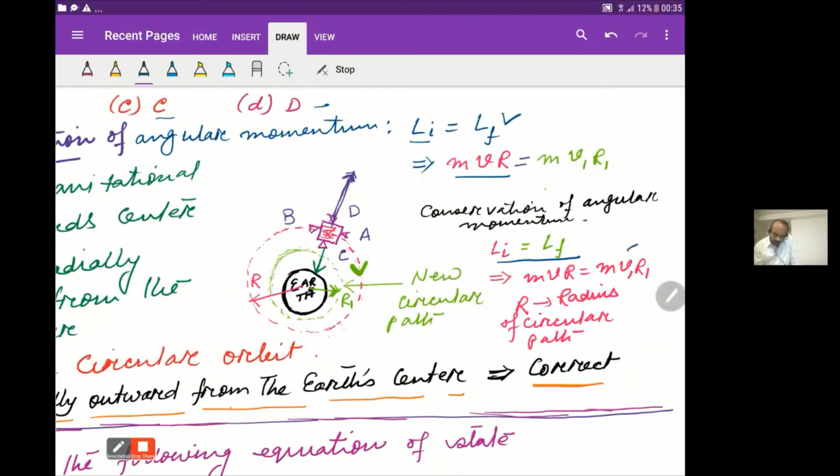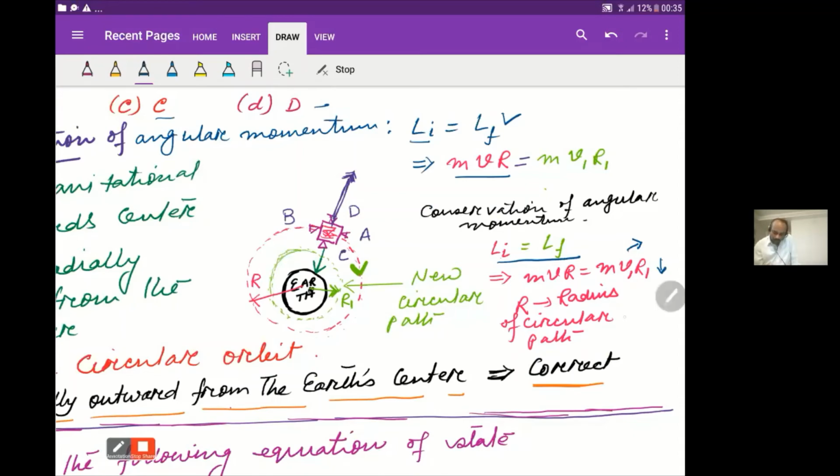we can see that if v1 increases, that means r1 decreases. That means if the speed of the satellite increases, then the radius of the circular orbit should become smaller than the initial one.